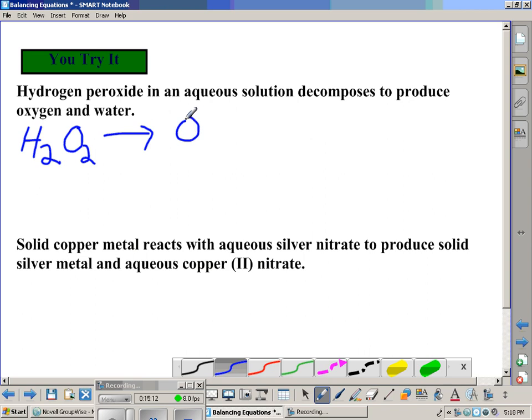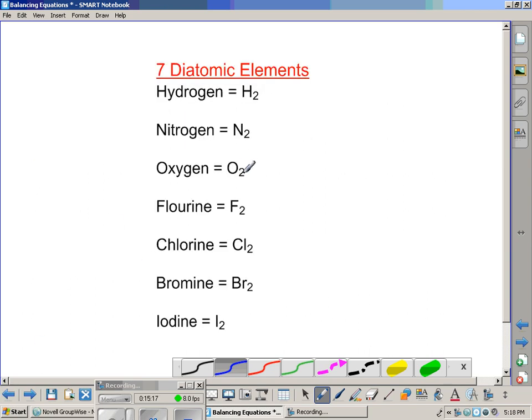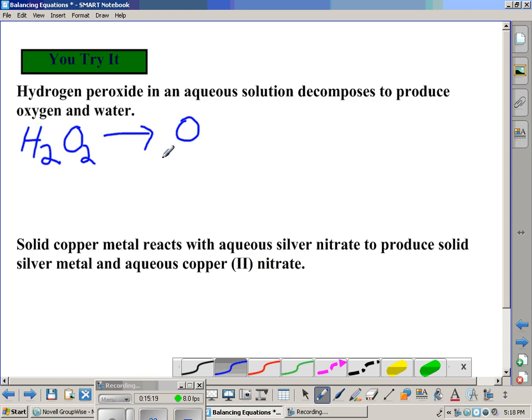Remember, oxygen is one of the 7 diatomic elements. You have to have an O2 there. You can't just leave it an O. So O2 and water, H2O.